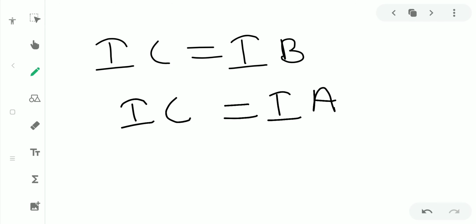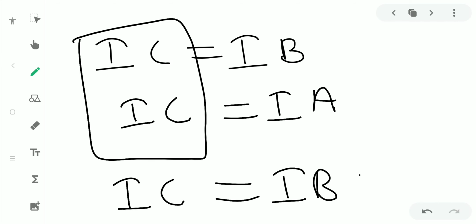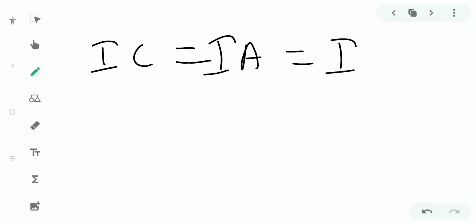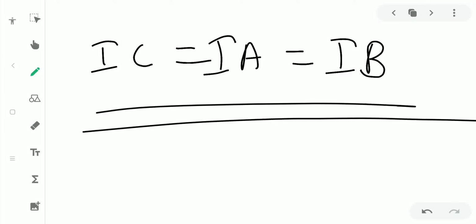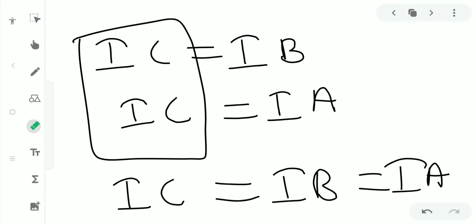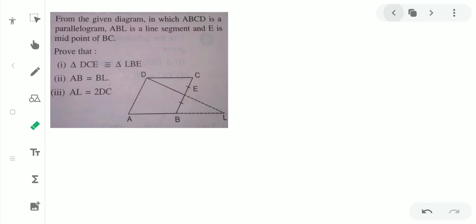Now here I am having IC is equal to IB as well as is equal to IA. So I will have IC is equal to IA is equal to IB. So this is what they asked in the question to prove. So I proved it. So let us go on to the next question.